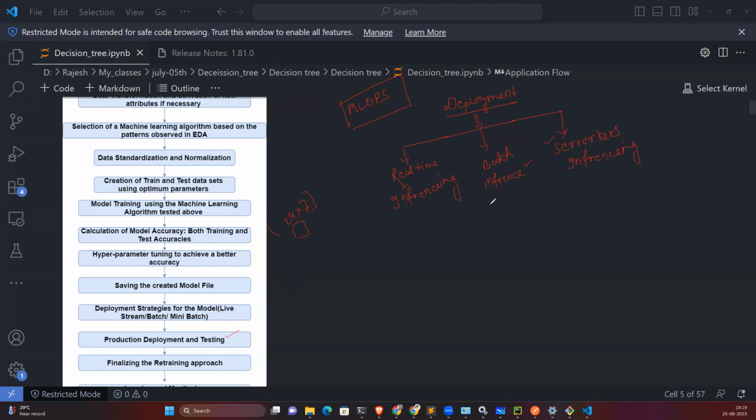Now coming to batch inferencing. What do you mean by batch inferencing? Let's suppose the company knows when the volume is coming, or when we have to do the inferencing, or we can store the inference results in our DB and use them later. In that case, we can use batch processing. Batch processing is useful. Let's suppose you want to do the inferencing only in the morning. Why keep your machine up and running 24/7?